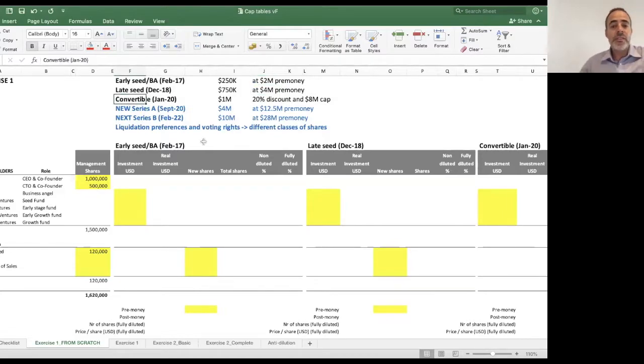And earlier this year, because of what I was saying earlier about convertible notes, they decided, let's raise 1 million because we're not quite ready for a Series A. And this 1 million, we're confident we can raise it. And we're going to use it to do all the homework and gather all the KPIs, etc., to close 4 million in September.